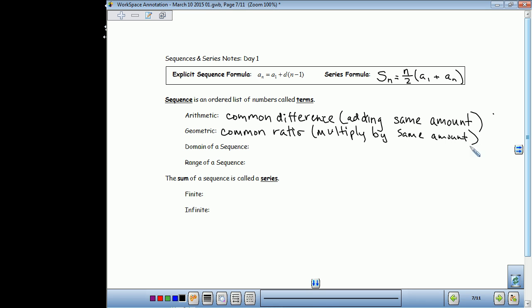And that's how we know we have geometric. Now we talked about the domain. The domain of a sequence is the first term, the second term, the third term. It's the set of natural numbers. And then the range is just the output. It's the terms in the sequence.